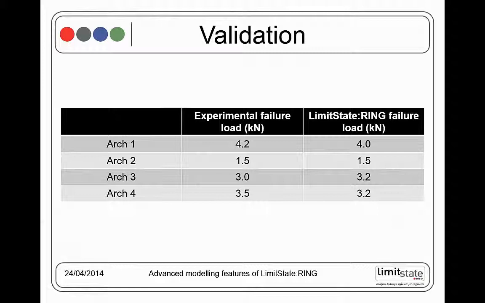The model for those 2 arches is the same, and you can see that the predicted collapse load is actually roughly midway between the failure load for Arch 3 and Arch 4. So that's giving me confidence that the partial ring separation model is giving us a good indication of what's going on in reality.